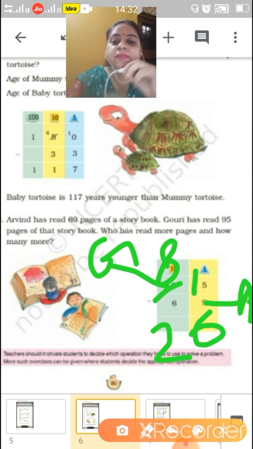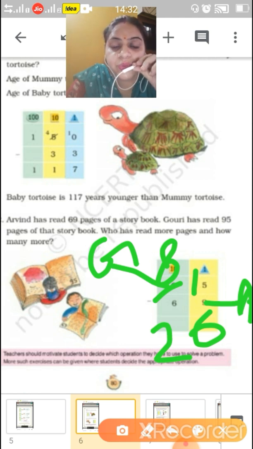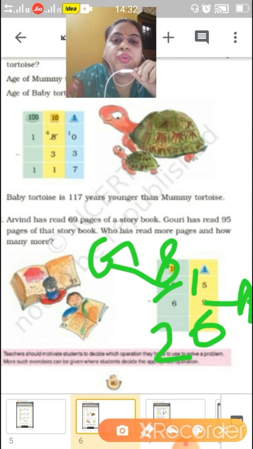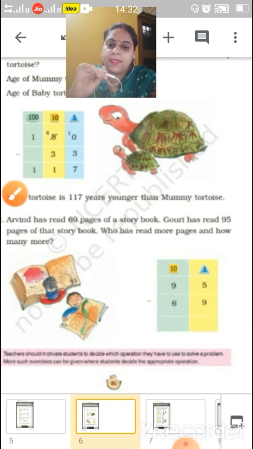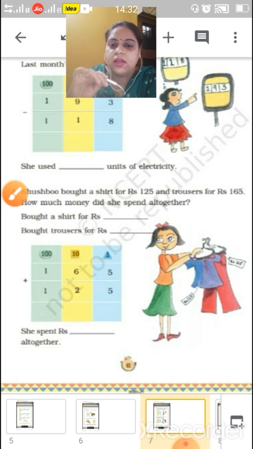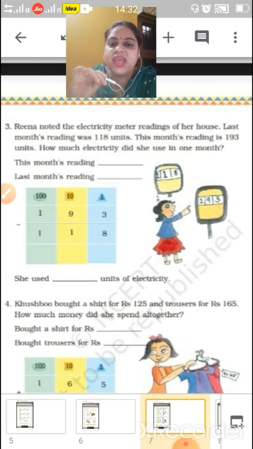So children, our answer is Gauri has read 26 more pages than Arvind. Okay children.